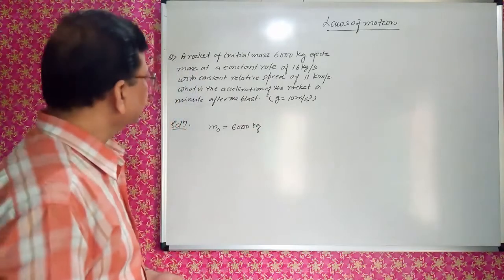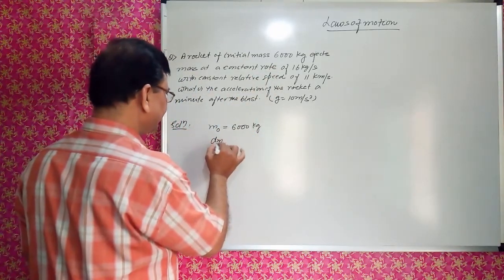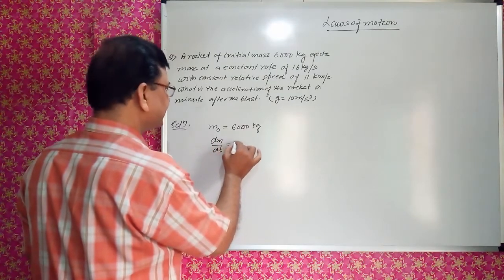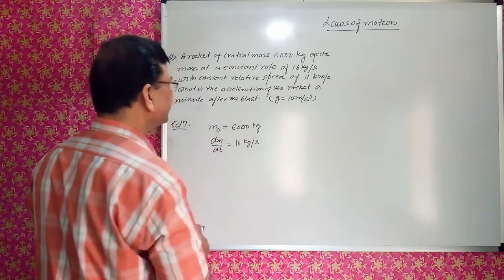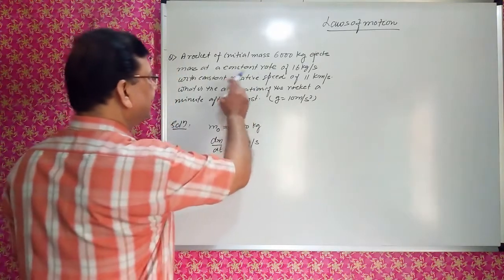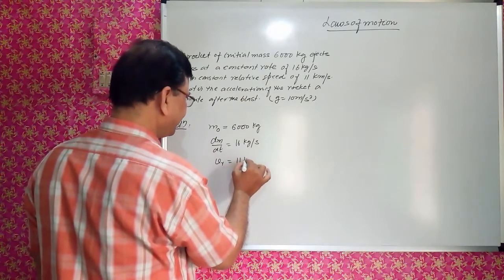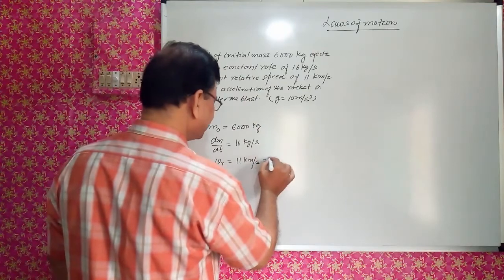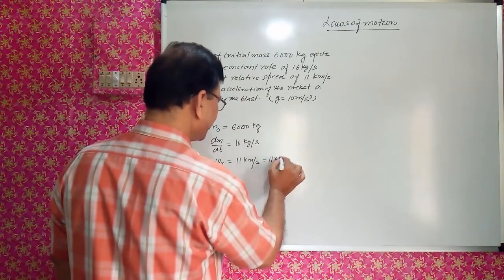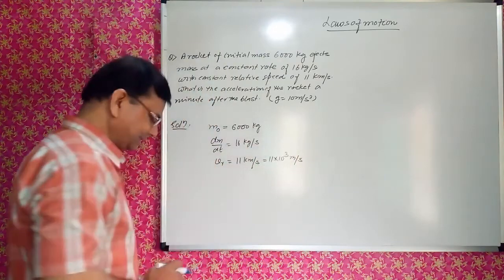Then the rate is given, dm upon dt is 16 kg per second. What else is given? Relative speed Vr is given, that is 11 kilometers per second. So in the SI system we will convert this to 11 into 10 to the power 3 meters per second. All the data is in SI system now.